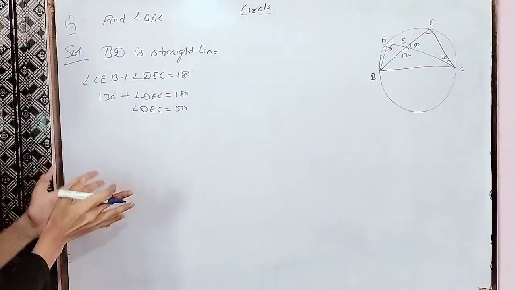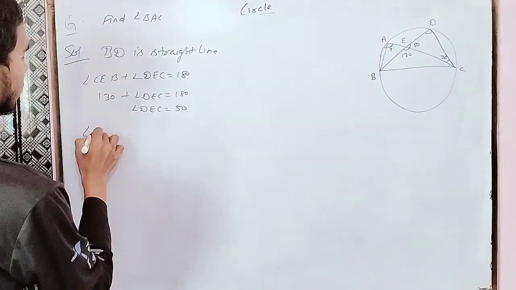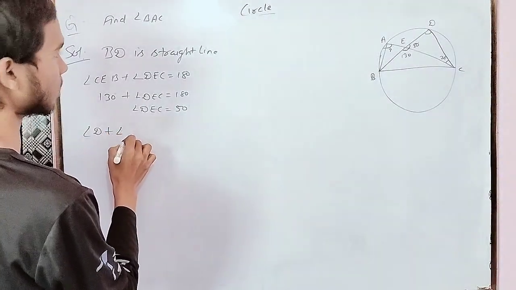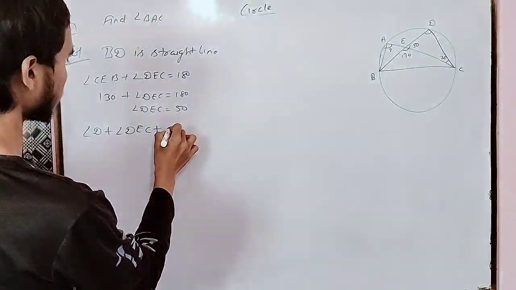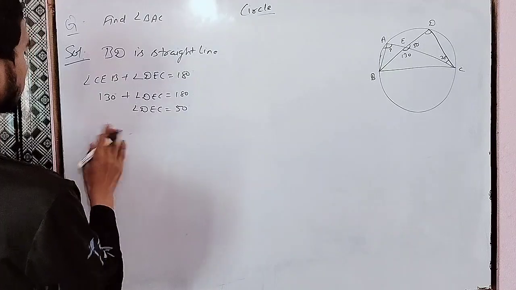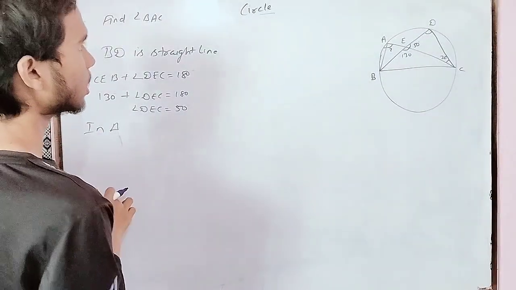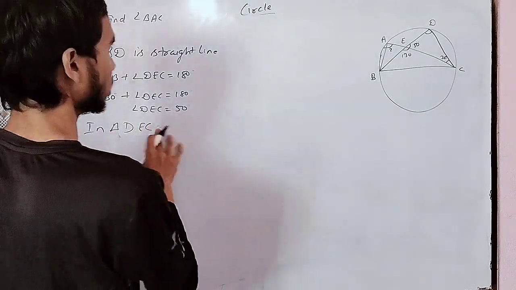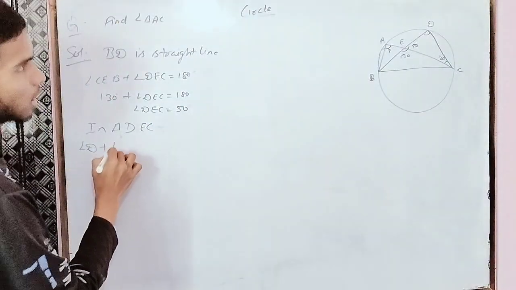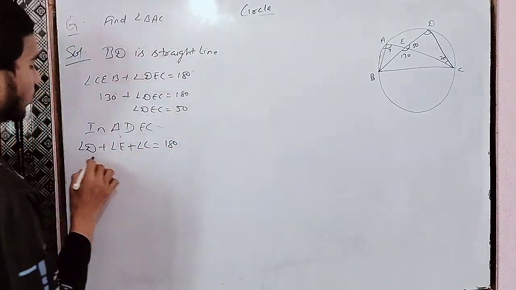We know that the sum of all interior angles of a triangle makes 180 degrees. So in triangle DEC, angle D plus angle E plus angle C will form 180 degrees.